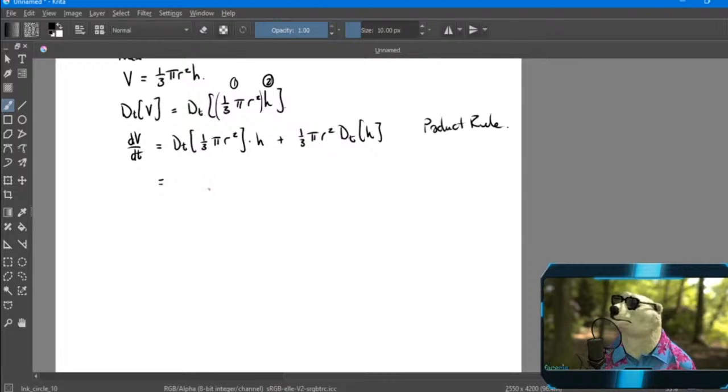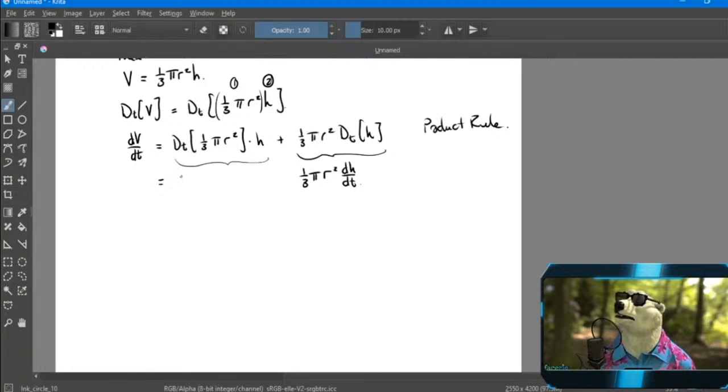Now let's do the second one first, because there's not much to do. The derivative of h, which is just on its own, is just dh/dt. Whereas the first one is a function of a function, in that r is a function of time, and then that function is being squared.